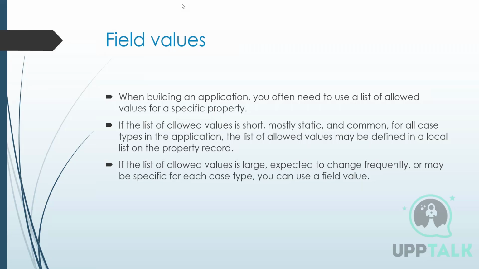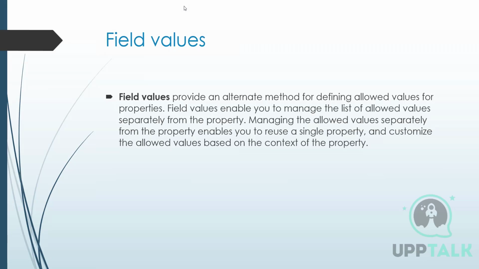So instead of the local list, we try to use an alternate method called field values. Field values are a separate rule type. Instead of having the values associated to a property, we create these as separate entities, so that I can manage them separately.